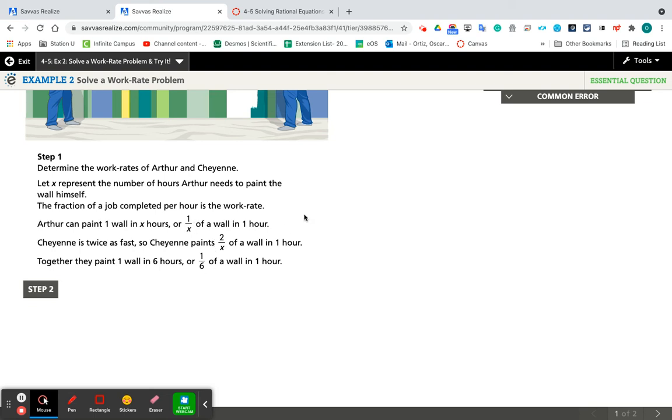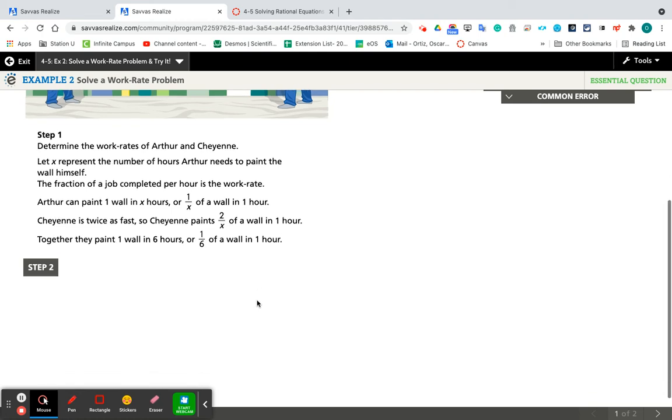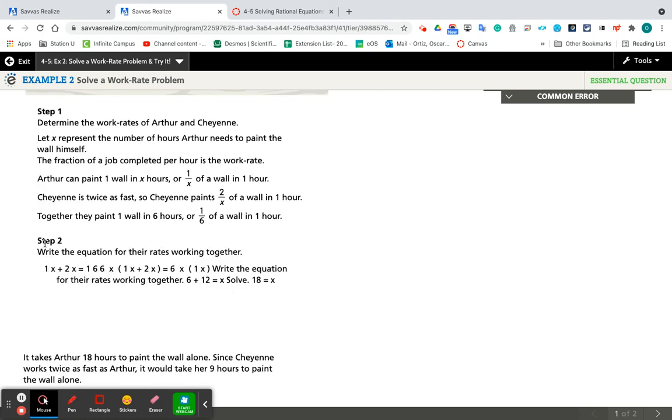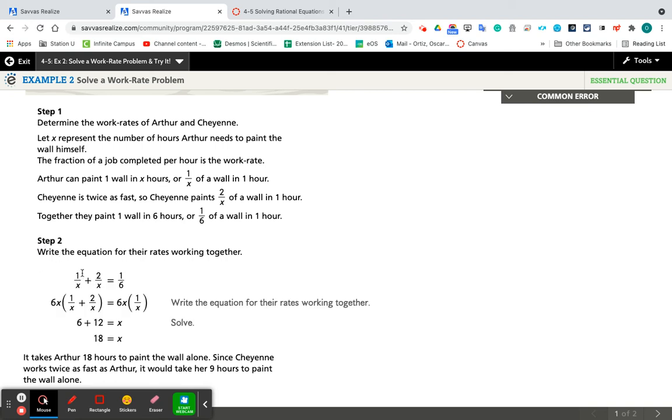Knowing that both can do the work in 6 hours means that both can paint 1/6 of the wall in 1 hour. So we set up this equation: 1 over x plus 2 over x equals 1/6, because the work rate for each combined should be 1/6.